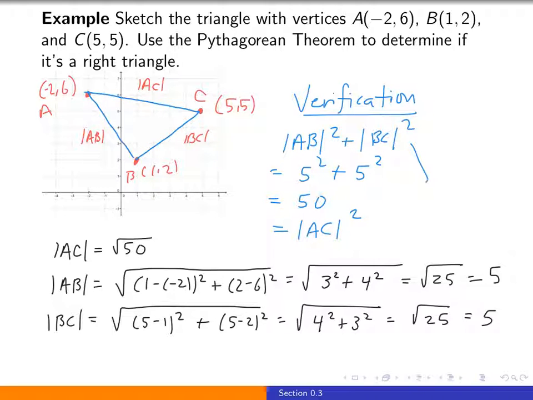So combining this together, the answer is yes, triangle ABC is a right triangle. An interesting application of this distance formula combined with the Pythagorean theorem.